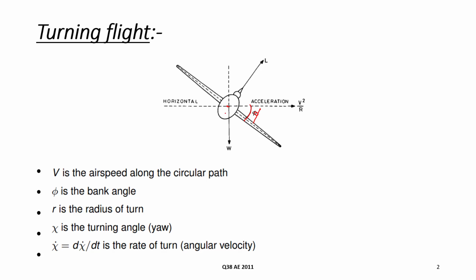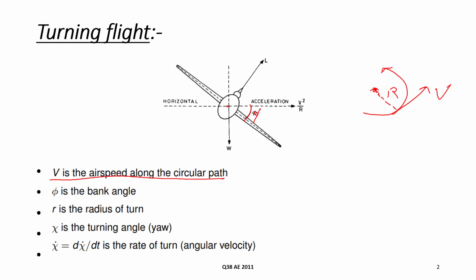The thrust will always be in the same direction as the velocity vector. V is the airspeed along the circular path. Let's say in the horizontal plane, the flight is turning like this. So this is the radius r of the turning, and v is the velocity along the circular path.